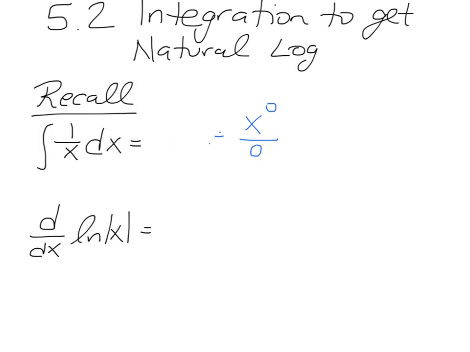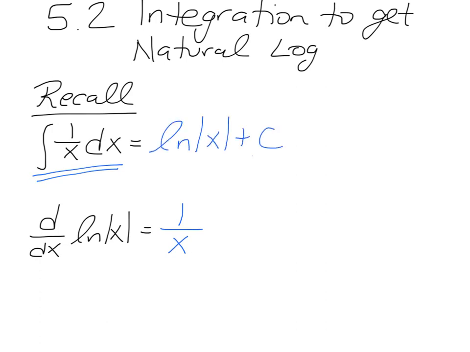Well, take a look at what I have below. If I were to ask you what is the derivative of natural log of absolute value of x, that is just 1 over x. We saw that the other day. And so an antiderivative, if I go back up here and I ask myself the derivative of what gives me 1 over x, well, I now could see from below that it was the derivative of the natural log, which gave me that antiderivative.